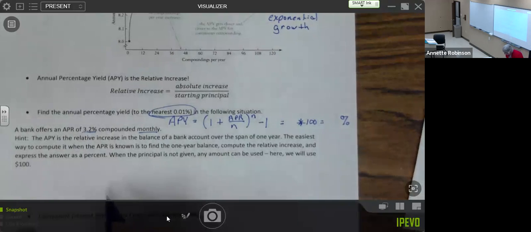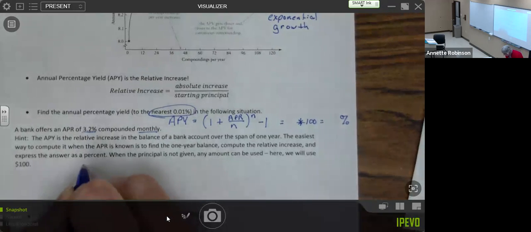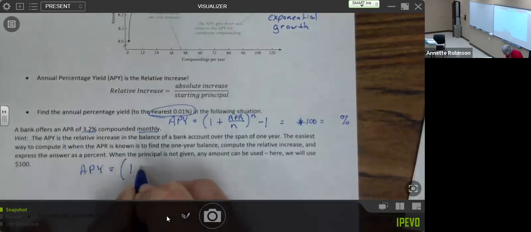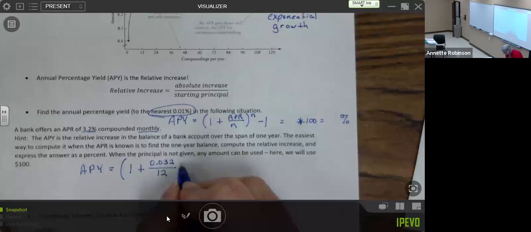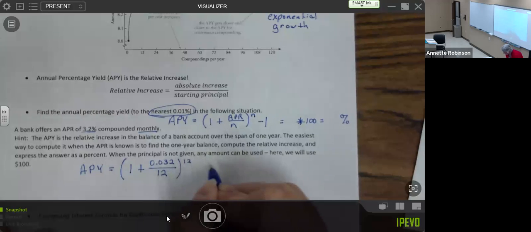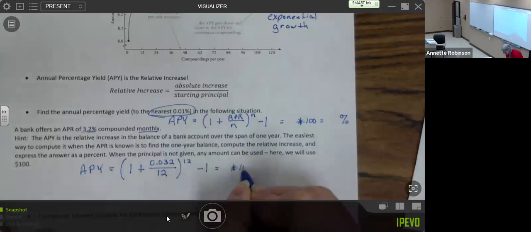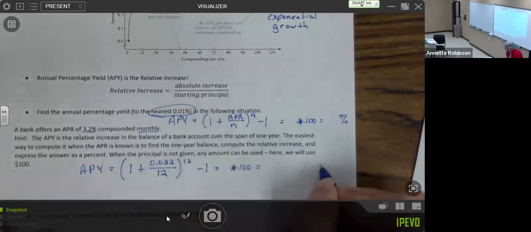So my APY is found by taking, in parentheses, 1 plus my APR, which has to be changed to a decimal. You're talking monthly, so the N is 12. I'm going to raise it to the 12. I'm going to subtract 1. After I hit equal, I'm going to multiply by 100 before I give you the answer as a percent.